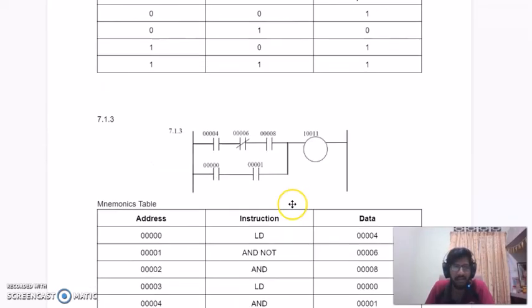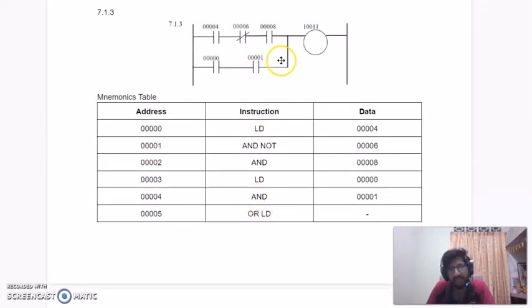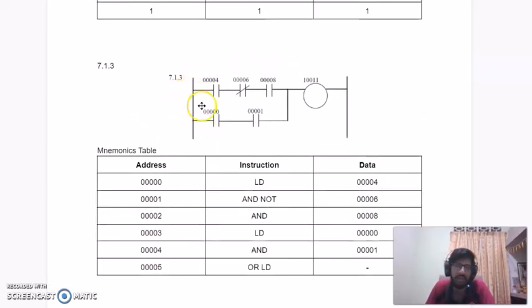Then for the third one, this is a bigger diagram, so it's a bit difficult to derive. We start off with the same one where LD is 0004, and then the data is 004, and then you can see this and this together, we call it an AND NOT gate.